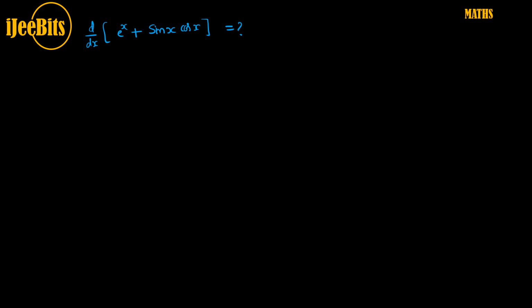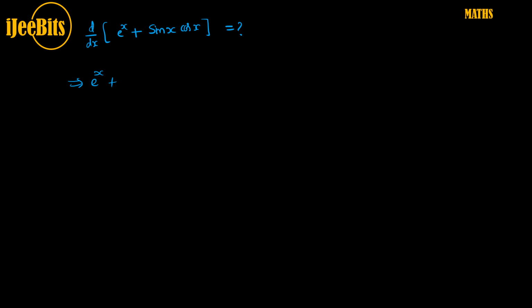Let's try this problem at one shot. How do you solve this one? Apply the rule and then make sure you have an answer. Apply differentiation with respect to x for e^x. e^x's differentiation is how much? e^x only, right? Plus sin x cos x is a uv form.